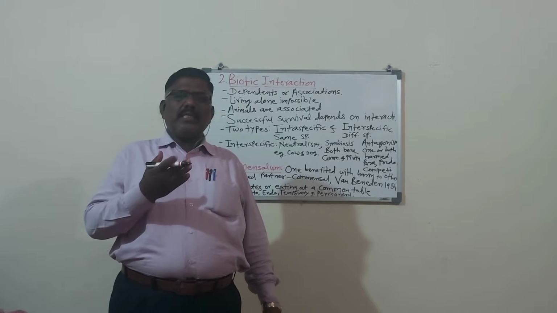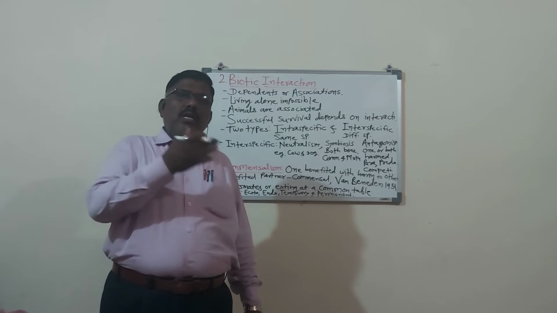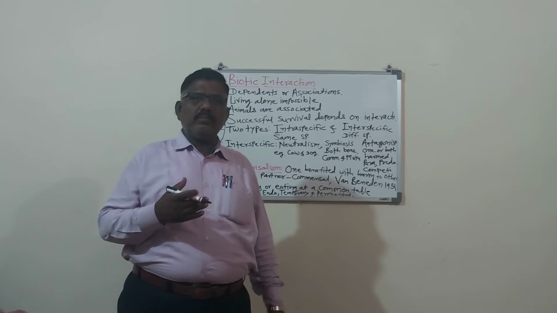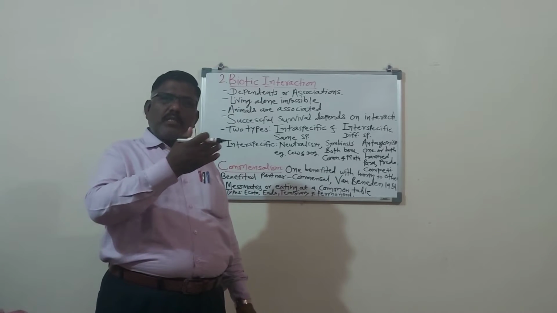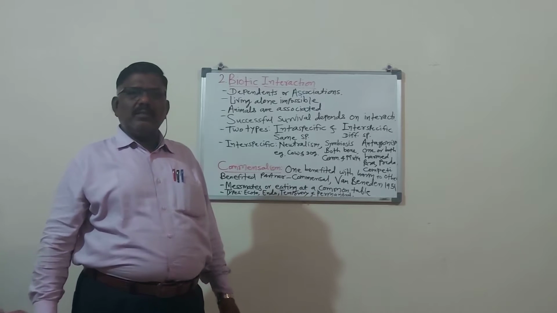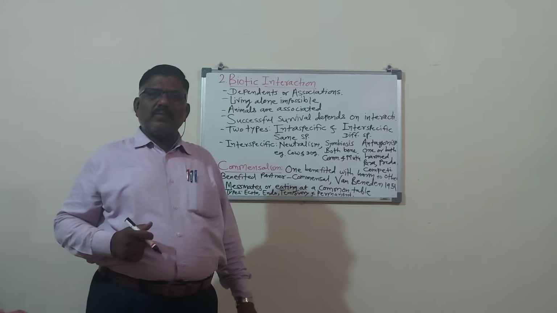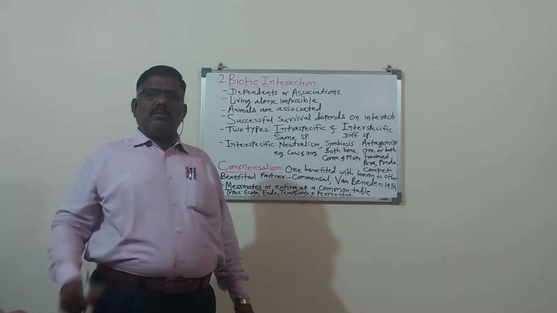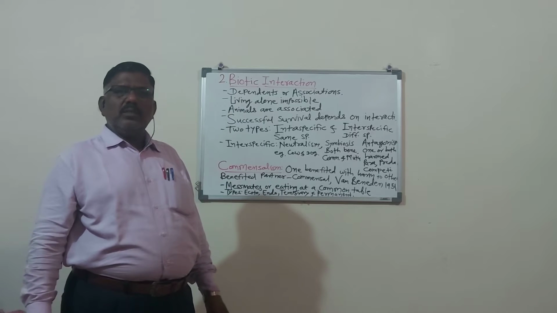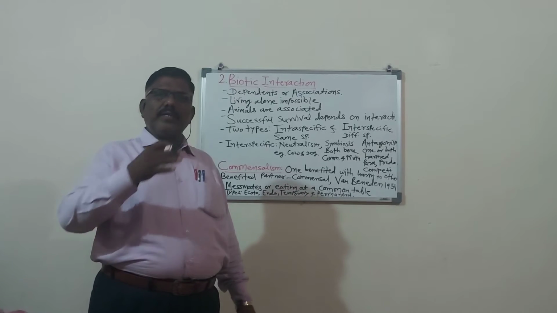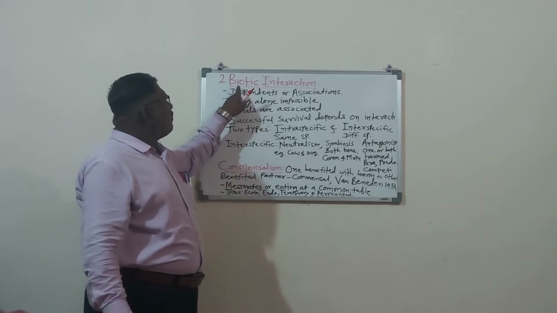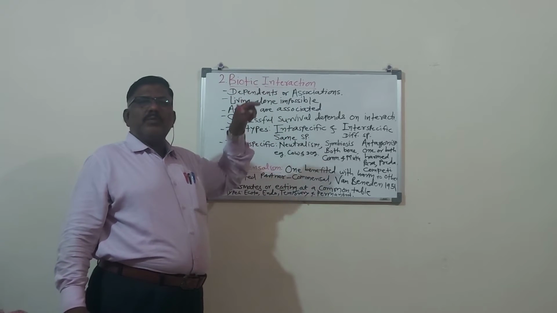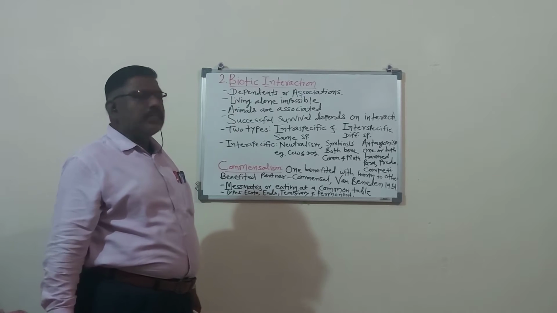Sometimes interaction is between living and non-living things. Living things depend on non-living things. For example, we are dependent on oxygen, water, minerals, and vitamins. So the living depend on the non-living. This is also interaction. But here we are studying biotic interaction, meaning interaction between living and living things.